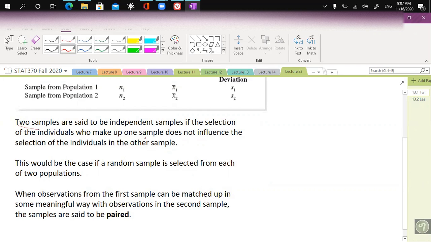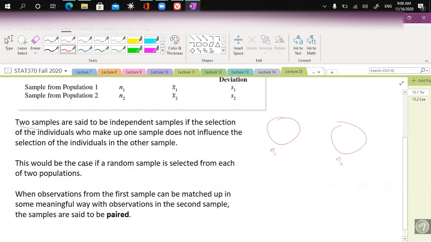We call the two samples independent samples. In this case, we don't care whether n1 and n2, the sample sizes from population 1 and population 2, are equal. We don't care about that one. They can be equal or they can be different.